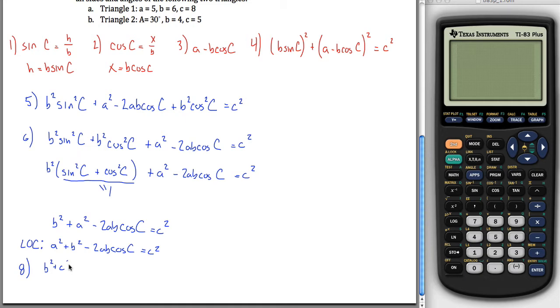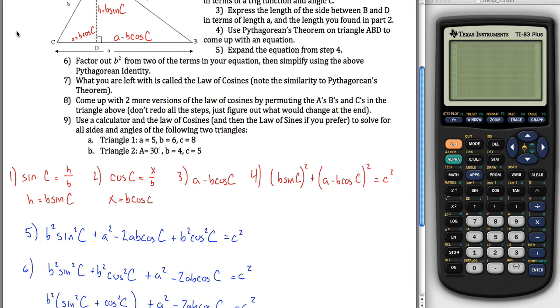B squared plus C squared minus 2BC cosine of A is equal to A squared, or C squared plus A squared minus 2CA cosine of B is equal to B squared. So there's 3 versions of the law of cosines. I feel like I should put a box around those or something.